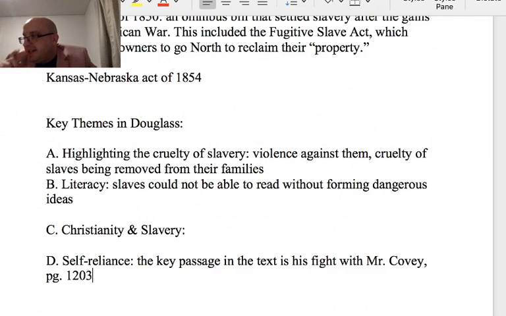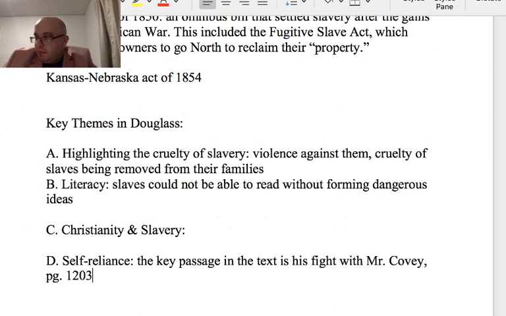After this incident, Covey no longer tests Douglass. Douglass says, "Well, he could have sent me to the public whipping place, but what would happen? He would lose his reputation as being a breaker of slaves.